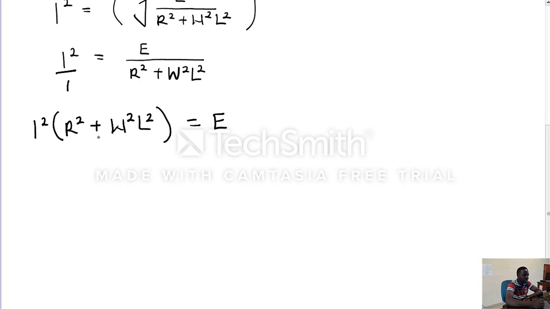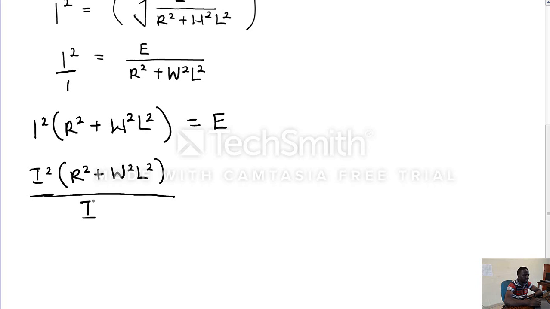Our attention is on R, so we are going to undo the operation of multiplication by dividing both sides by I squared, and that will be I squared into R squared plus W squared L squared, divided by I squared, is equal to E divided by I squared.